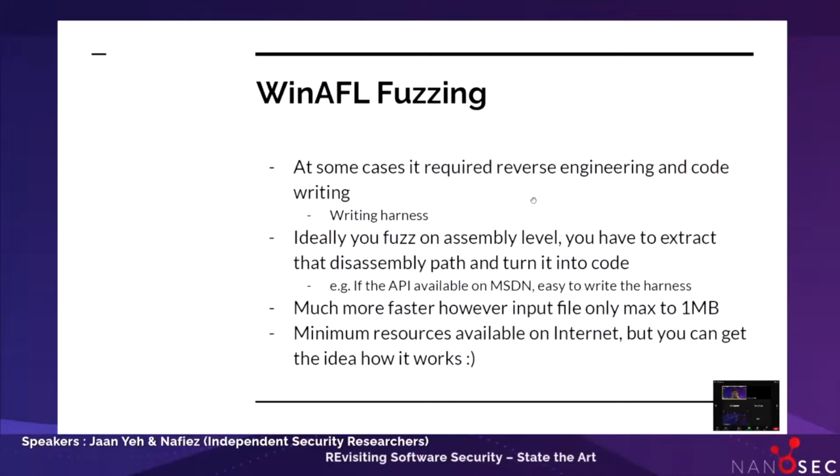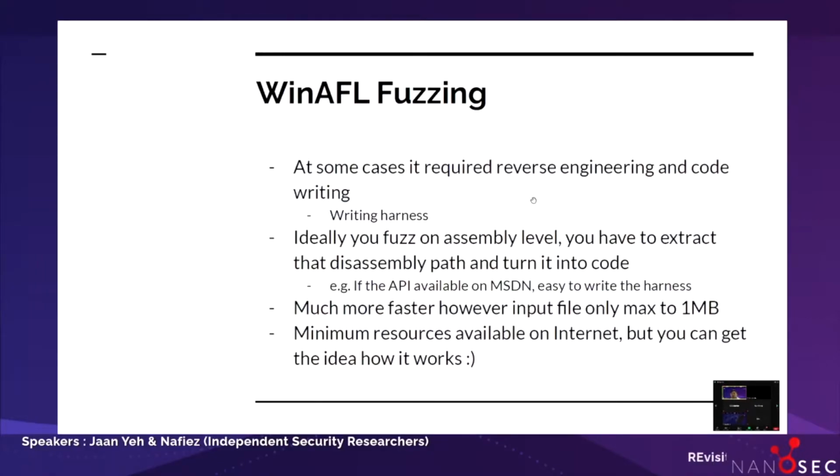Some targets require reverse engineering and code writing, including writing the harness. Ideally, if you fuzz at assembly level, you have to extract that disassembly path and turn it into code. If the API is available on MSDN, then it's a lot easier for us to write the harness.